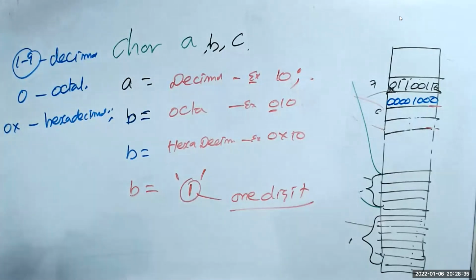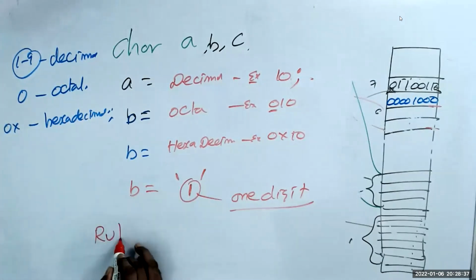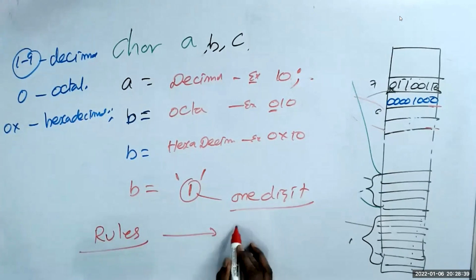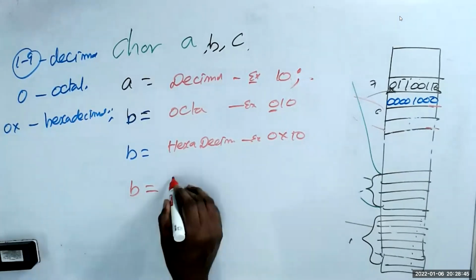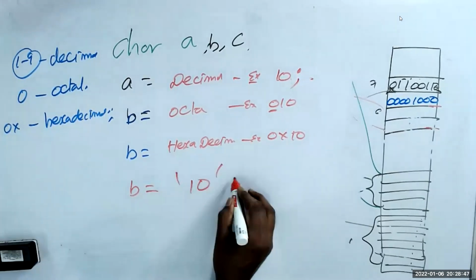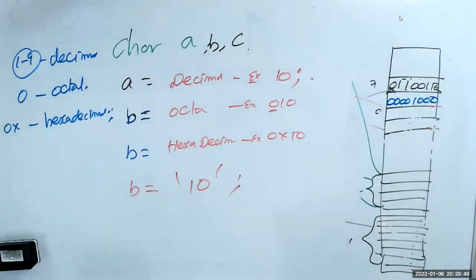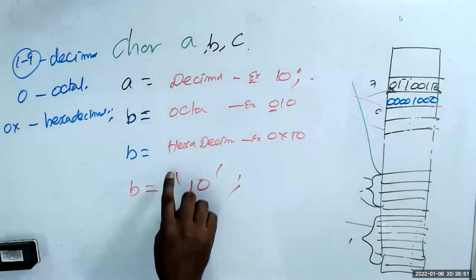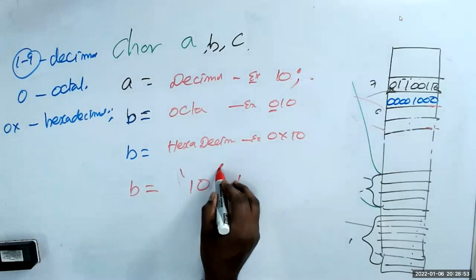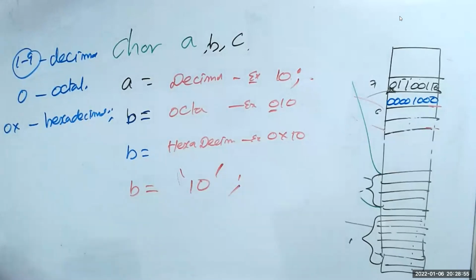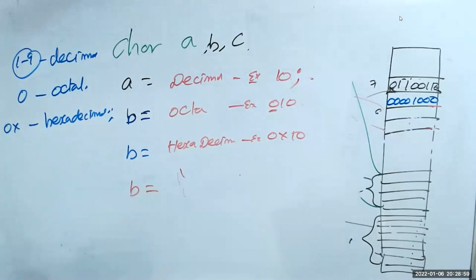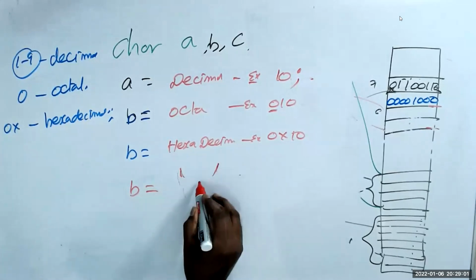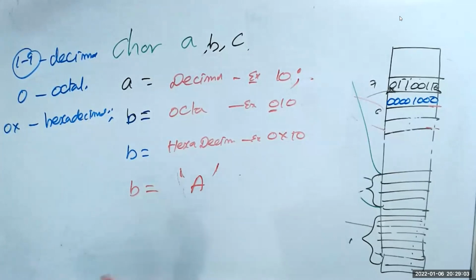I am passing the rules to you. Let us follow the rule. If you put single quote, you can have anything, A, B, any symbol.